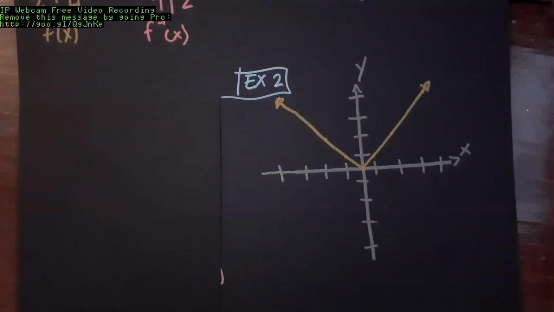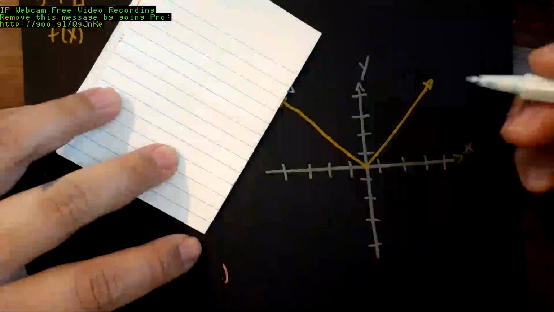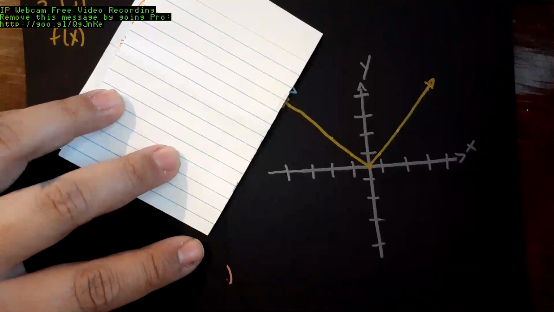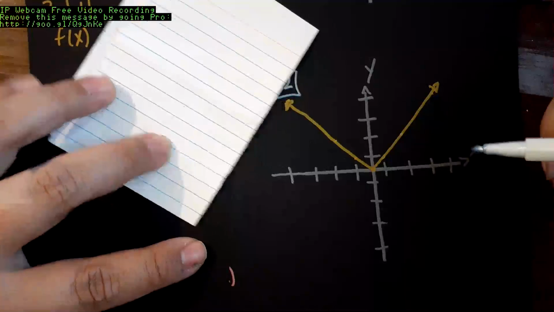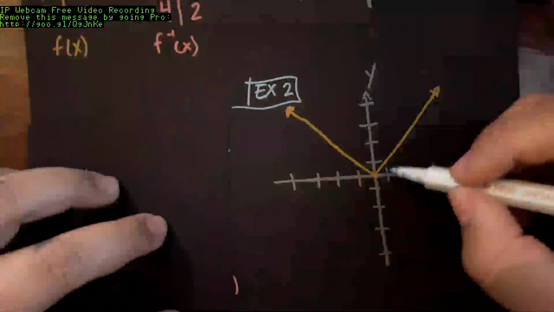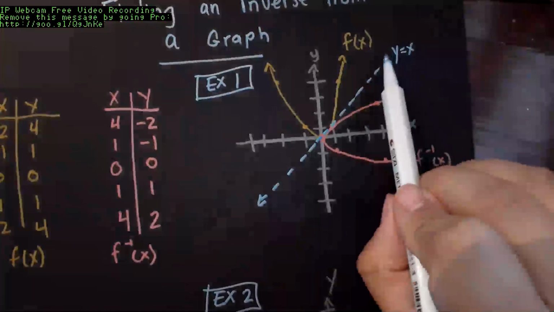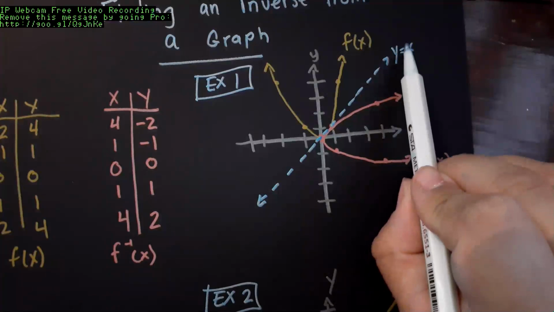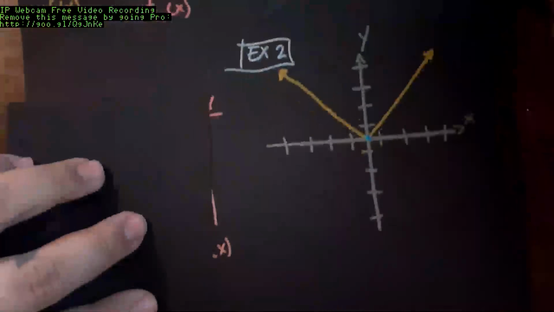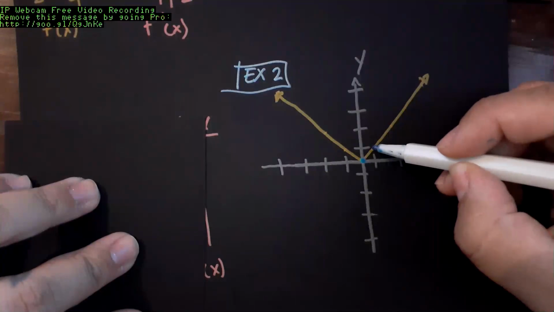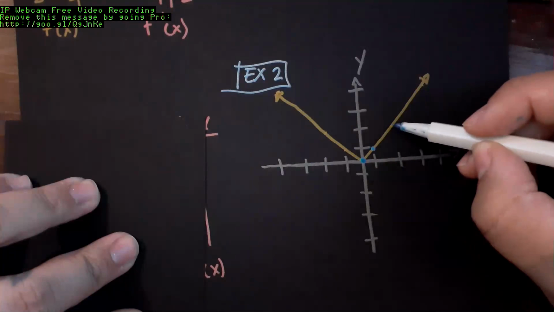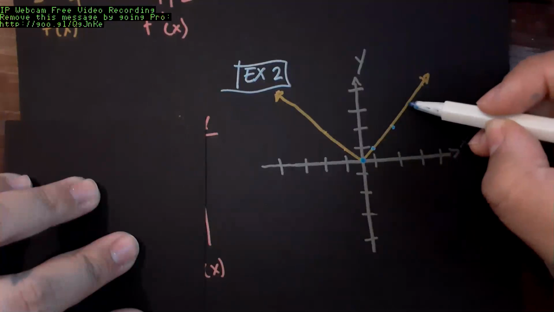Okay, so again, I'm going to try to find the inverse function just by reflecting over that y = x line. So if I don't know what it looks like, I know it passes through the origin, and since it's y = x, that means that my slope is 1/1. So I'm just going to go up 1/1, up 1/1, up 1/1.